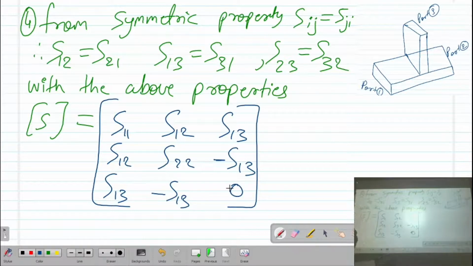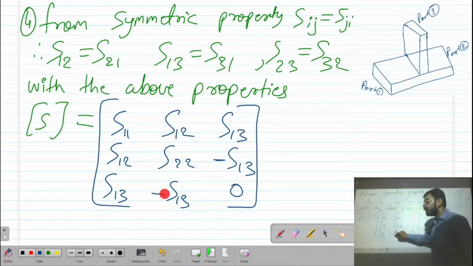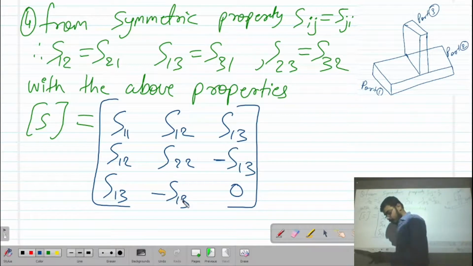This S32 is equal to S23, and S23 equals minus S13.